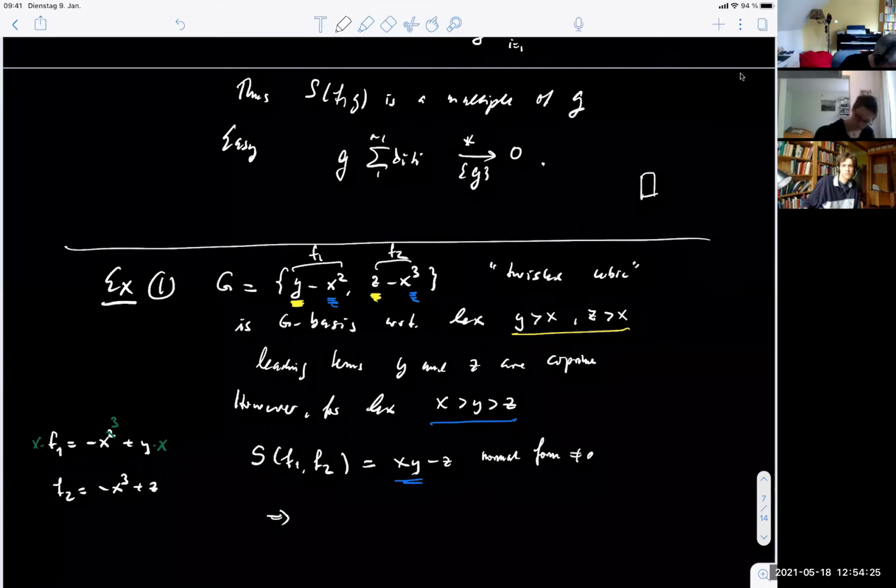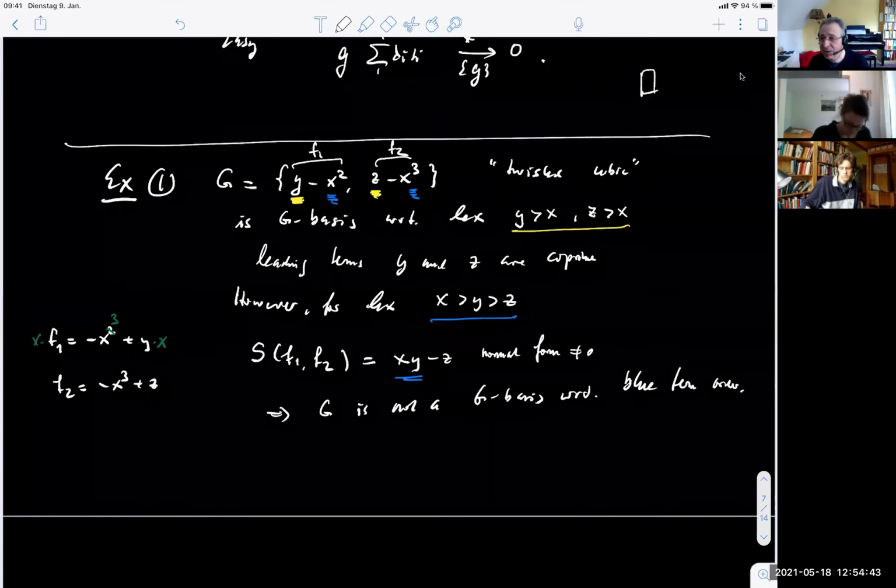Therefore, G is not a Gröbner basis with respect to the blue term order. So I think this is an instructive example where one can see the choice of the term order is really important.